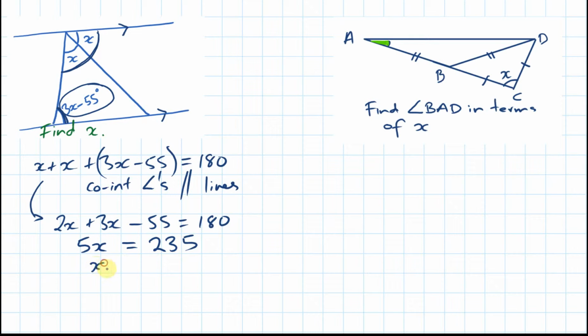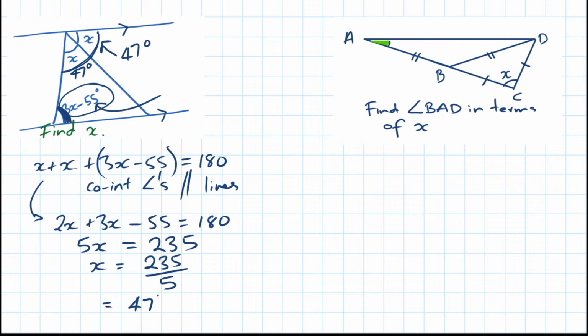And then x is equal to 235 divided by 5, which is 47. So x is 47, not degrees, which means that each of these angles is 47 degrees. This one here is also 47 degrees, and then you can work out what this angle here is by substituting in 47.